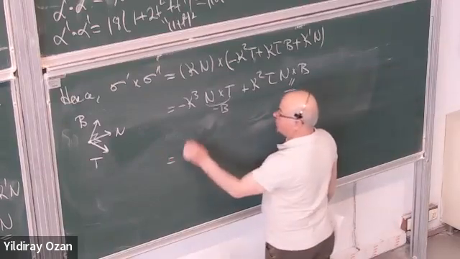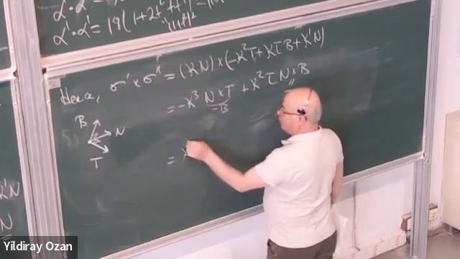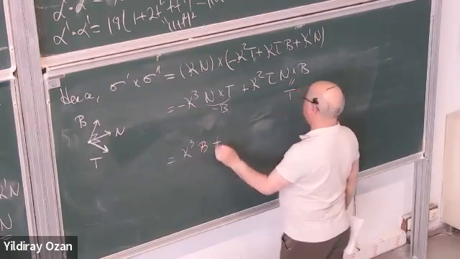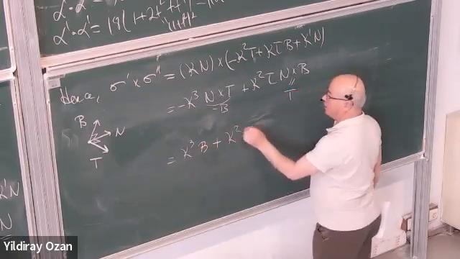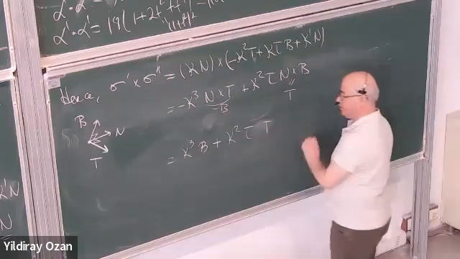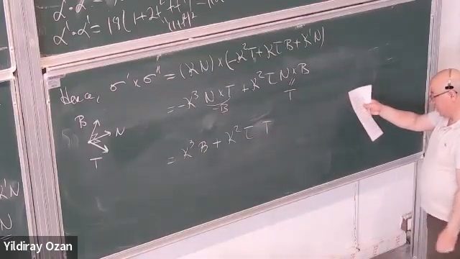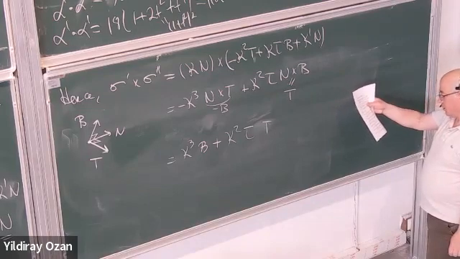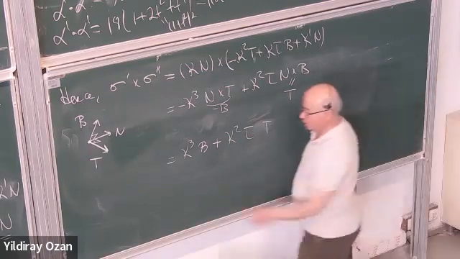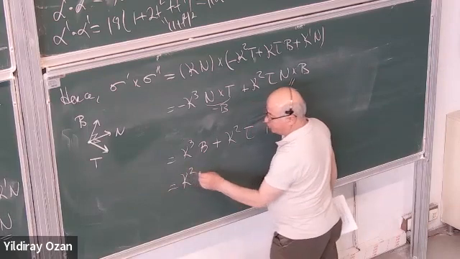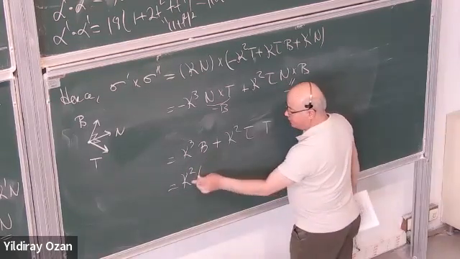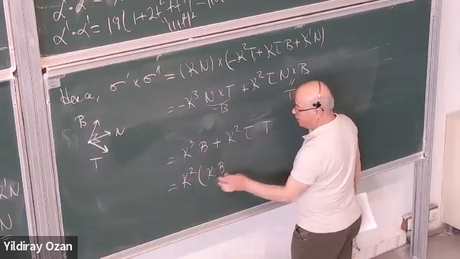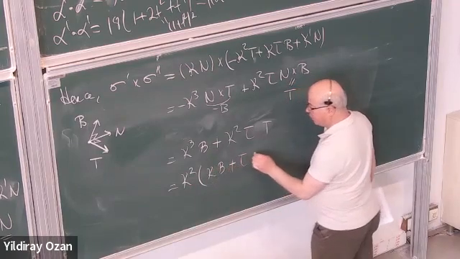Therefore, we get kappa cubed times b plus kappa squared tau t. Or in kappa squared parenthesis, this is a scalar, so kappa times b plus tau times t.